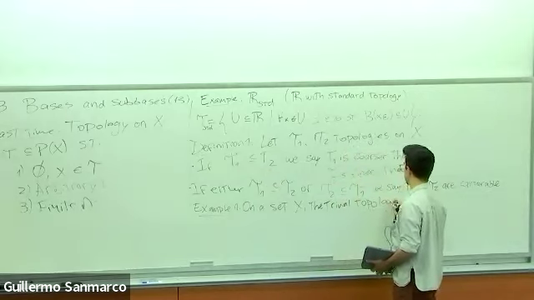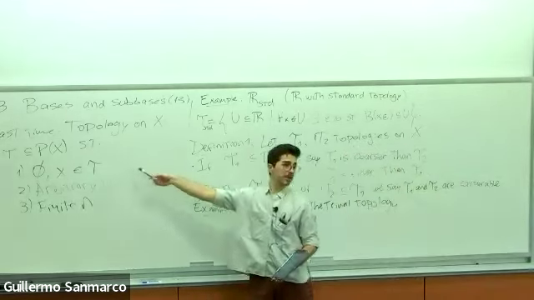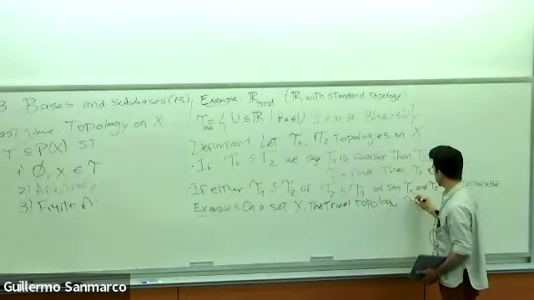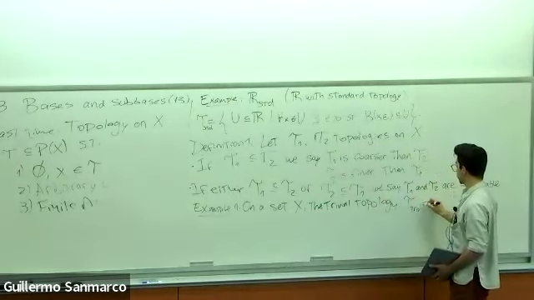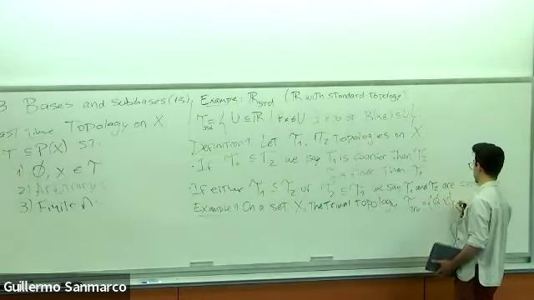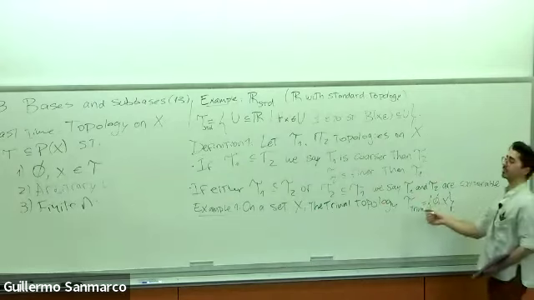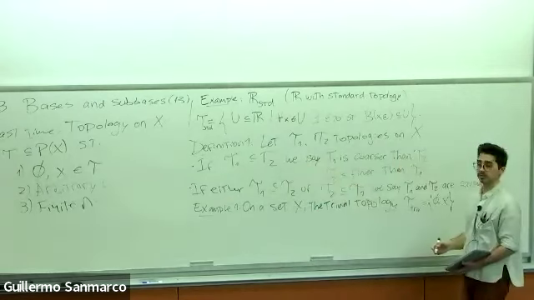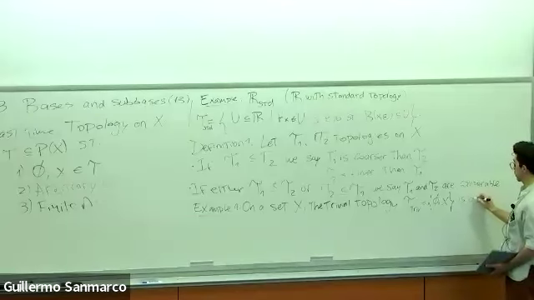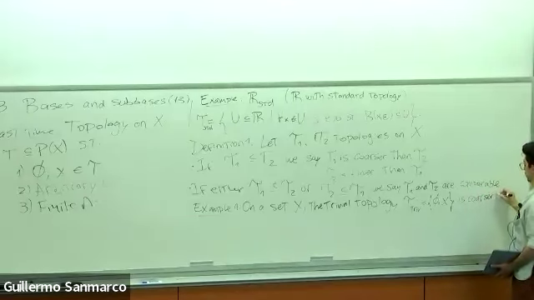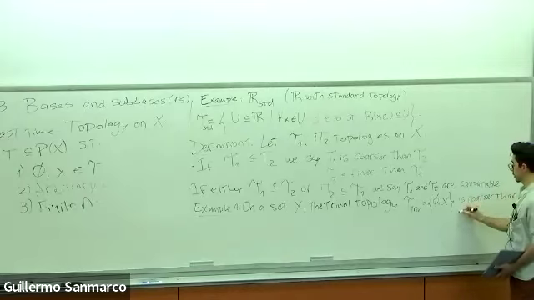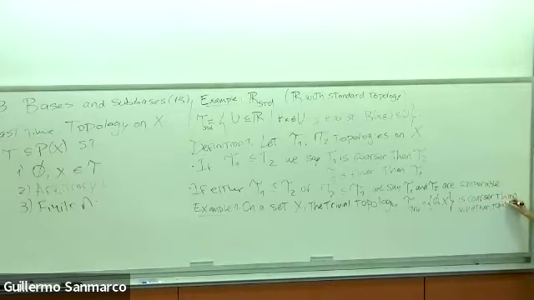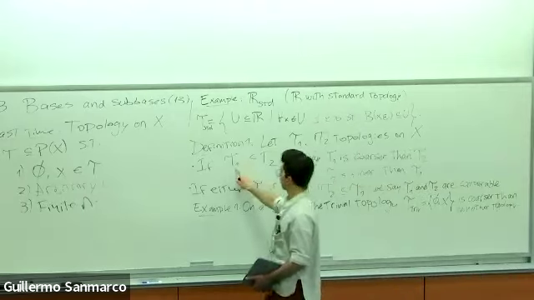This is the topology where we only have these two sets, the empty set and X. This is what I called T-trivial. This one is a subset of any other topology, so it is coarser than any other topology on X. It's coarser because it's contained in every topology.